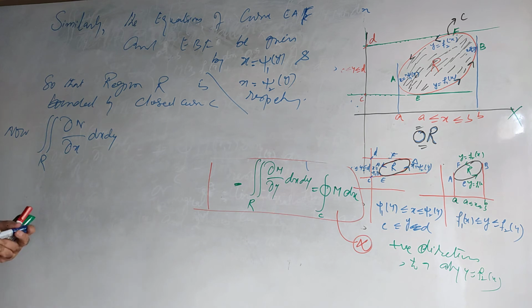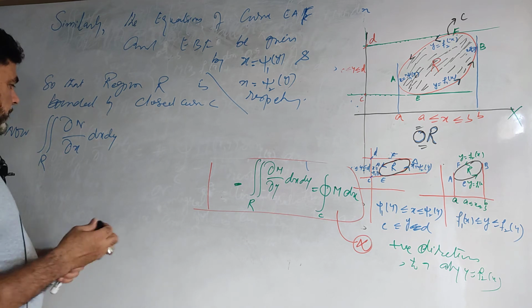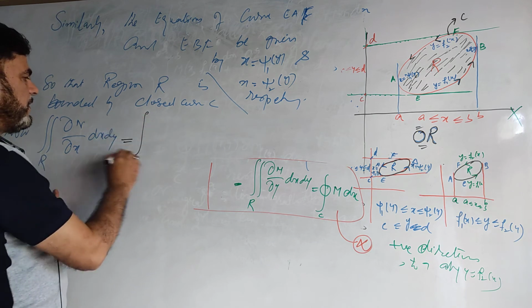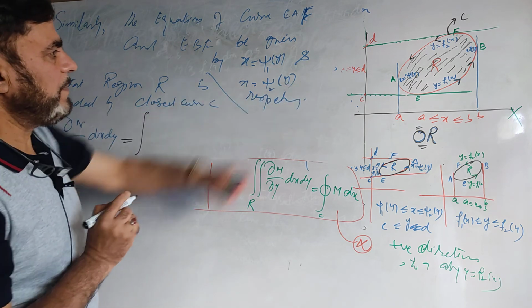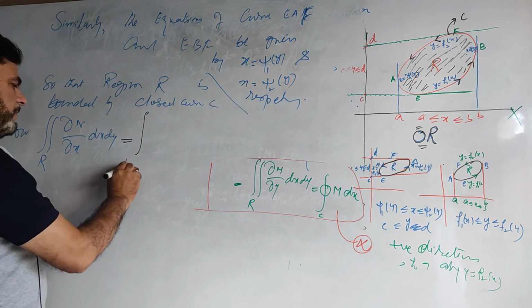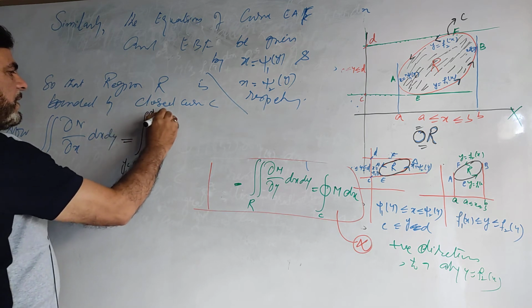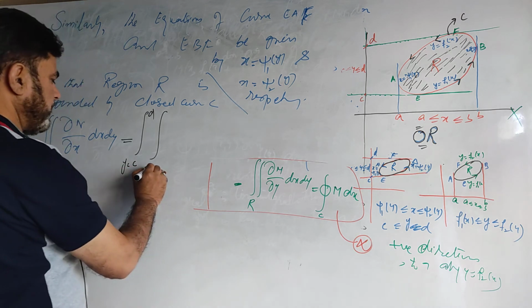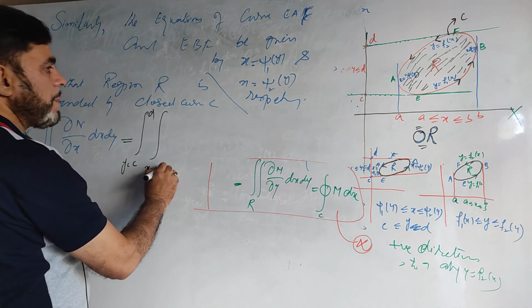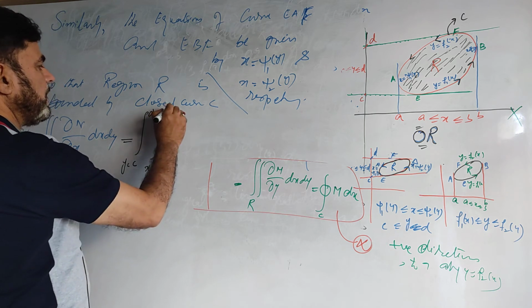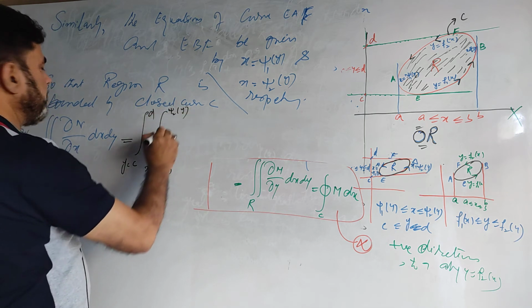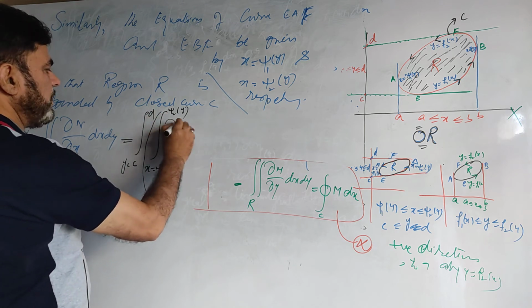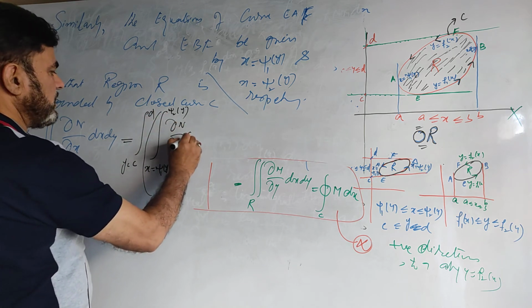Similar lines we will go. It is the integral over y from c to d, then the integral over x from psi 1(y) to psi 2(y), of the partial derivative of N with respect to x dx.